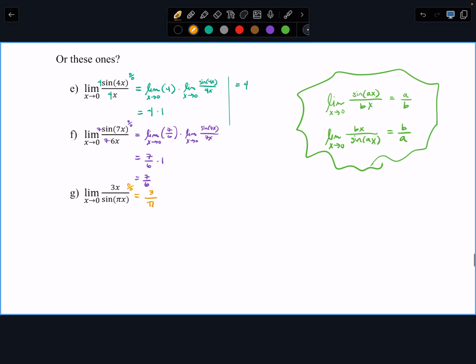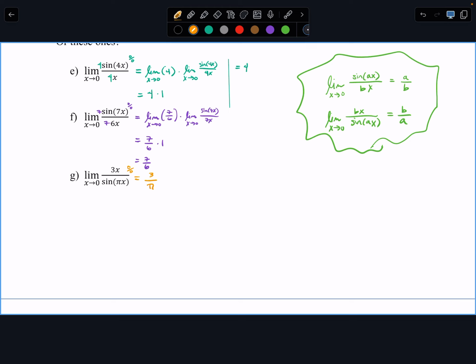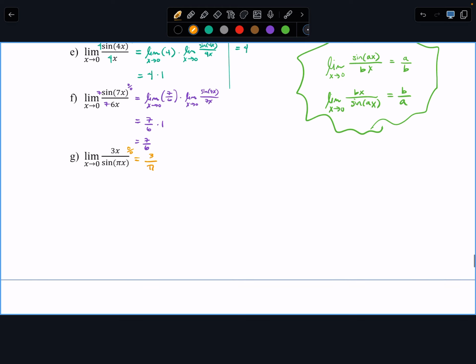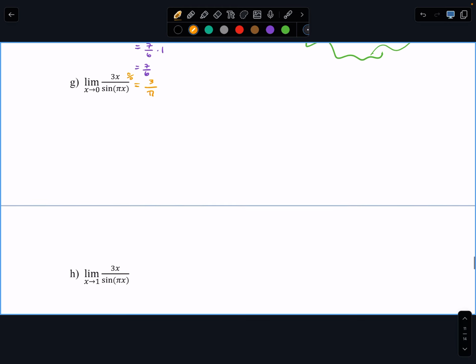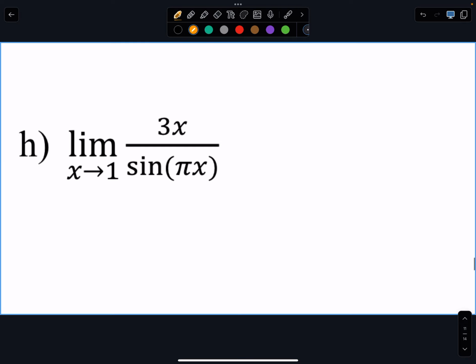Here's my point, though, in thinking about direct substitution. This is a little different, right? x is not approaching 0, x is approaching 1. So what happens when we use direct substitution? What do we get?